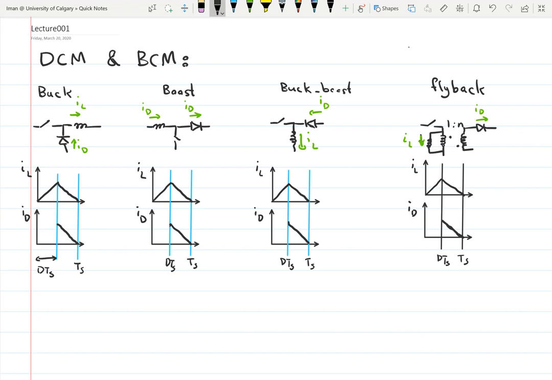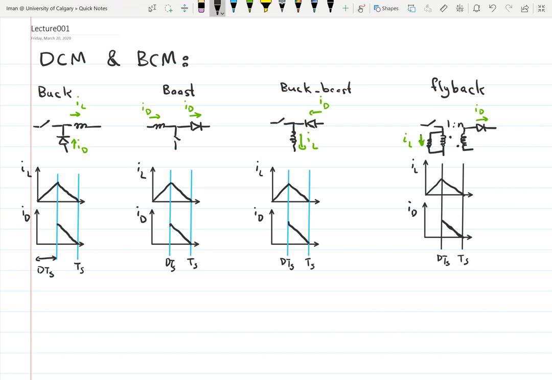As long as the diode current remains positive between DTS and TS, then we're operating in the CCM mode. If it reaches 0, that means it will further on go negative, which means it will go into reverse bias, and we will go into DCM mode.